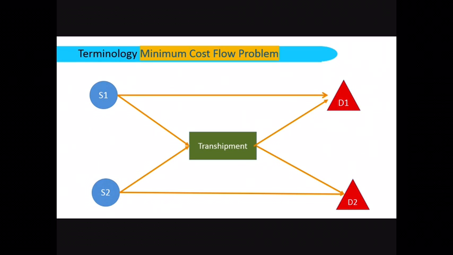Any node where the net amount of flow generated is fixed at 0 is a transshipment node. Having the amount of flow out of the node equal to the amount of flow into the node is referred to as conservation of flow. The arrows in the network are called the arcs. From this figure, we can see that the yellow arrow is an arc.